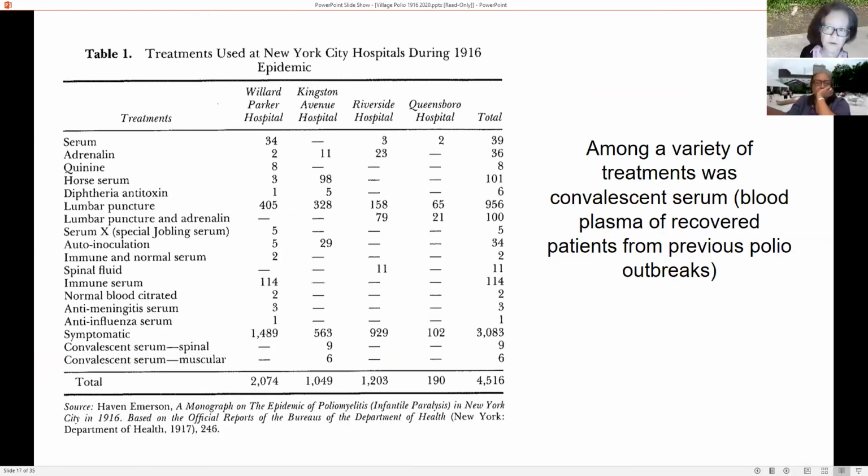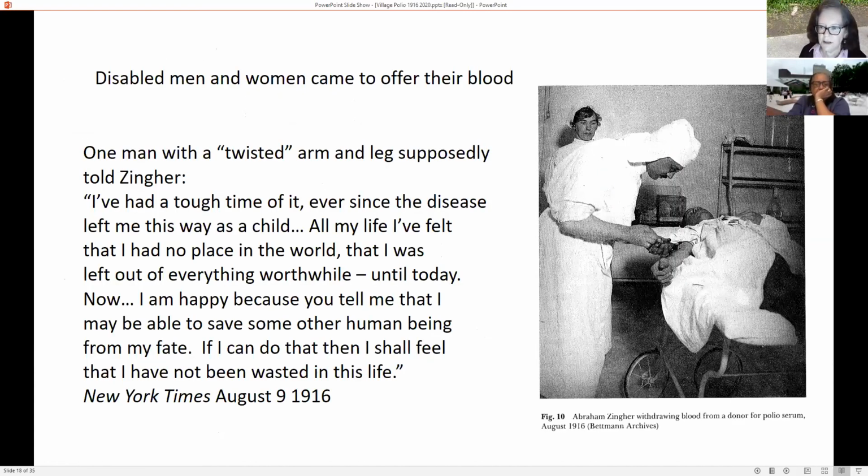Now, there were many treatments. New York City, after all, prided itself on being one of the top scientific places in the country. And so you see a whole range of possible treatments. Here, I just wanted to note that convalescent serum, blood plasma, blood from recovered patients who had previously been exposed to polio, was one of the techniques that was used during 1916.